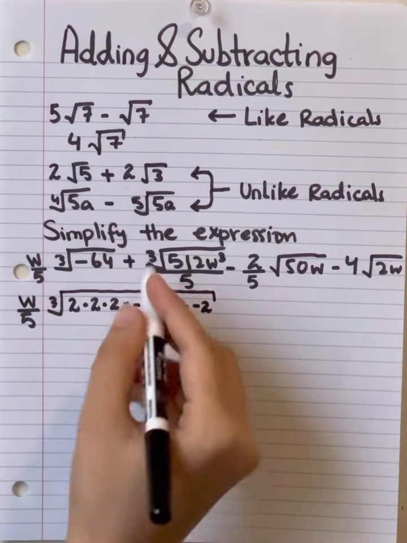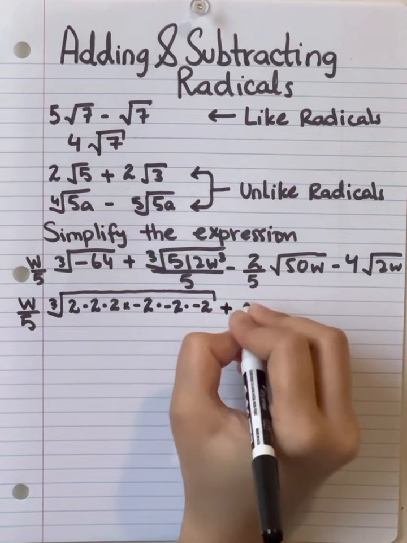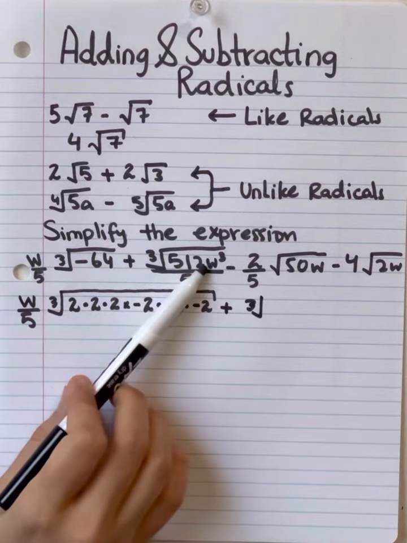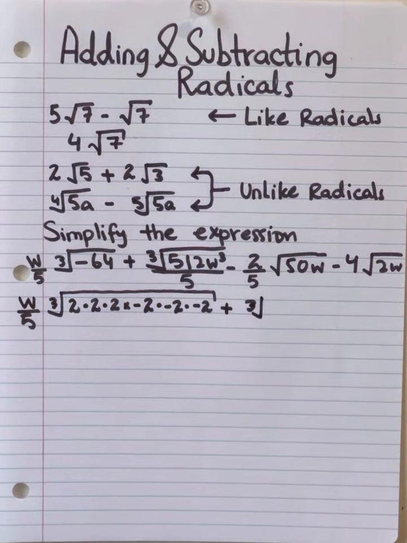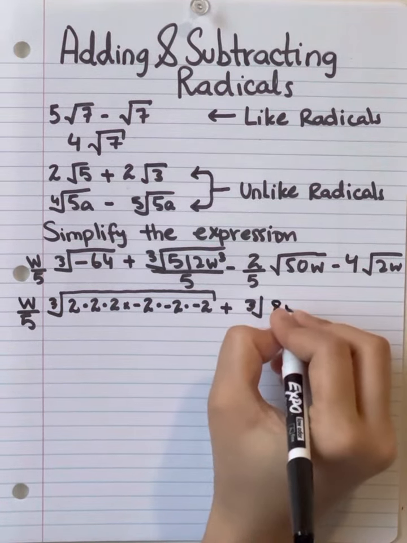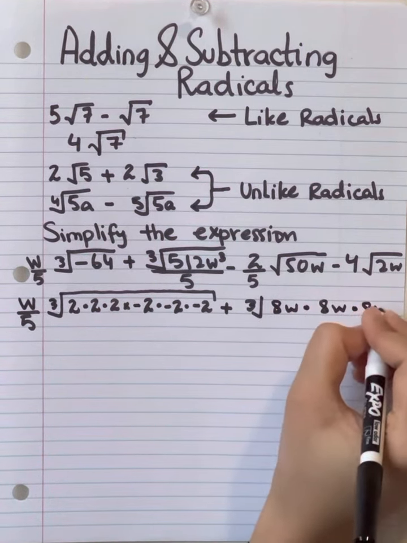Now let's get to the second term, which is plus cube root of 512w cubed, divided by 5. When we factor 512, we see that it's 8 times 8 times 8, so 8w times 8w times 8w.